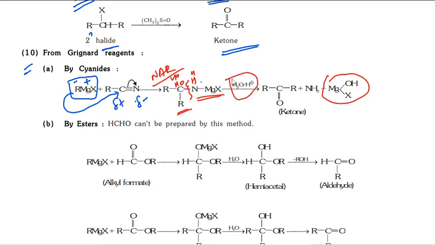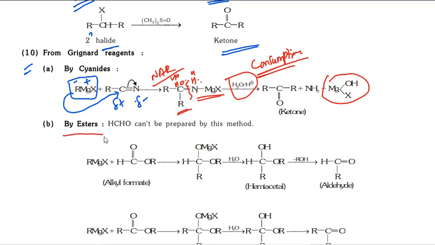Hydrolysis means what? Consumption of a water molecule. One side hydrogen, one side OH, two times. Here it becomes NH2. Here OH OH. Further, the water molecule is released. Then it forms a ketone.